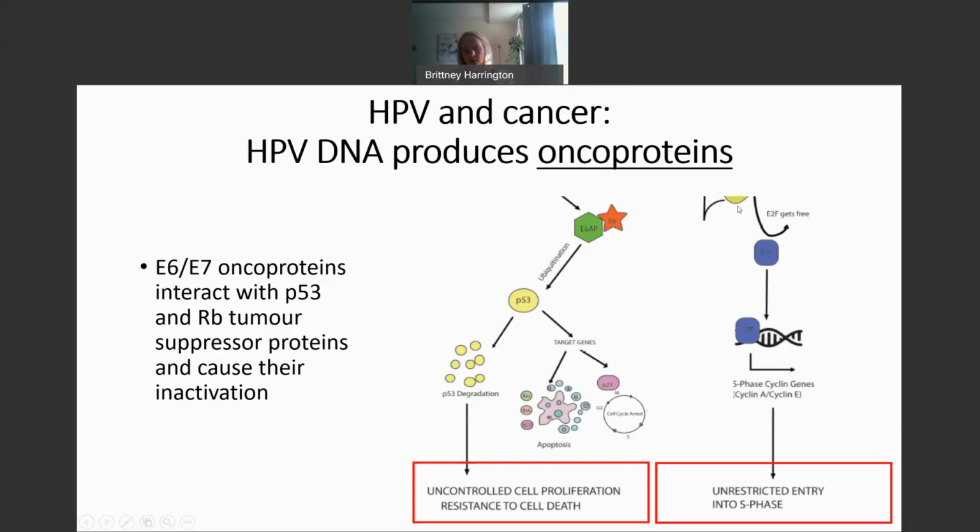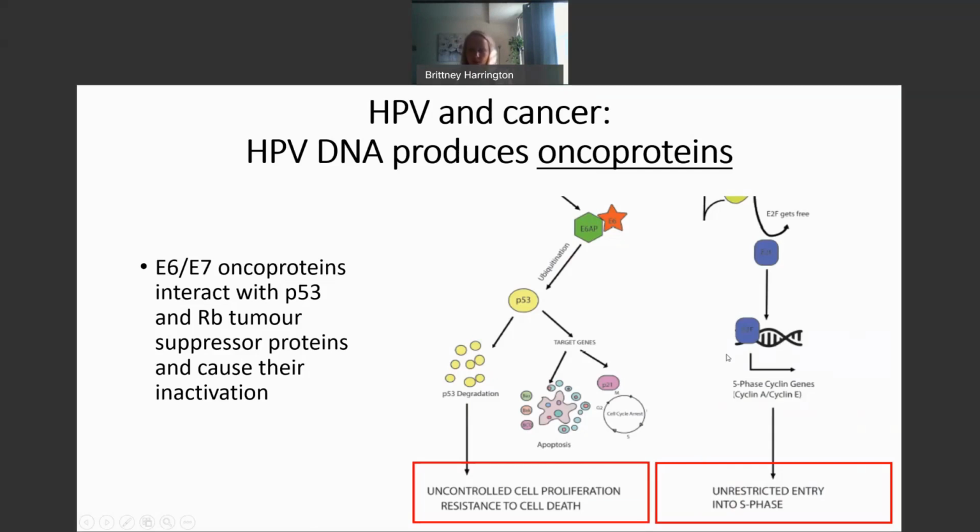So this E2F transcription can be allowed to go uninhibited. And so this combination results in uncontrolled proliferation and unrestricted entry into S phase, so lots of replication without checkpoints within the cell cycle that would be activated if there's an issue with gene transcription.